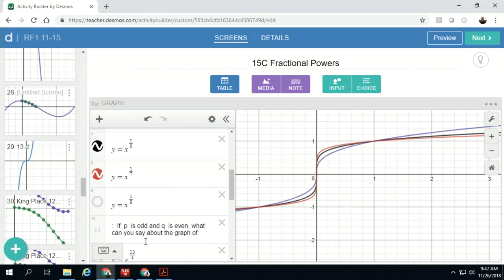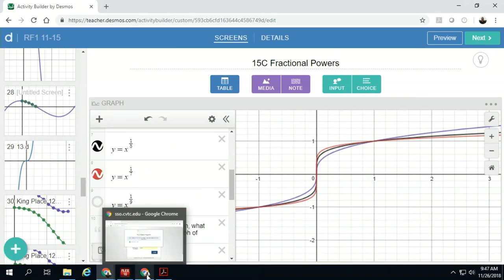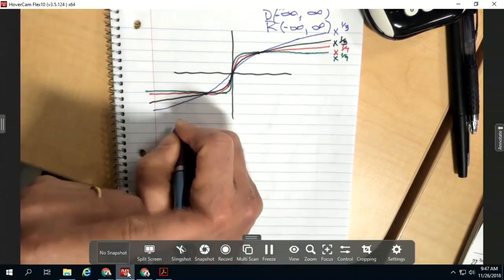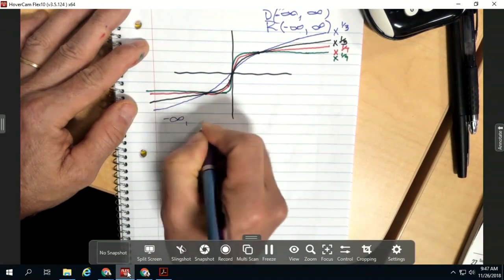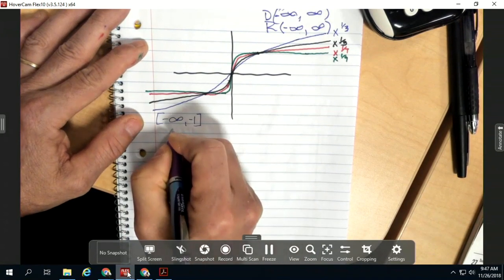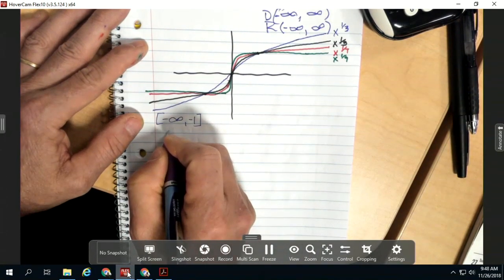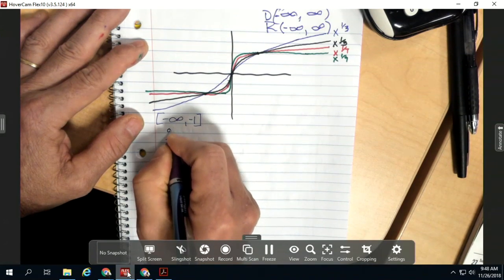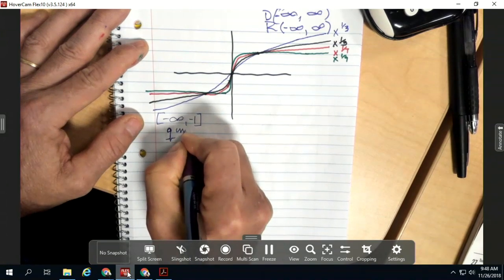Then it says, given the value of x, how do you compare x to the 1/3, x to the 1/5, x to the 1/7? Well, we have 3 different sections of our graph. For the interval from negative infinity to negative 1, the greatest... as q increases, or is it p?